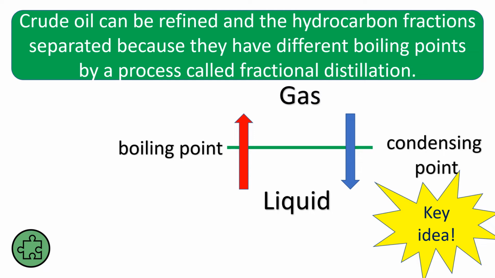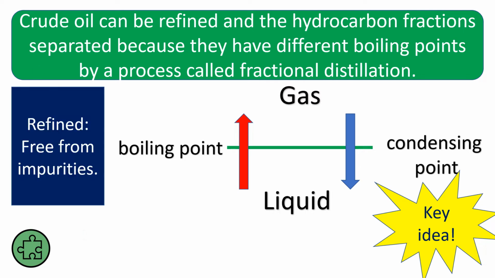But that same temperature, if I'm cooling it down, is where it becomes gas to liquid. And both of these are important. If you're talking about fractional distillation and you talk about evaporation or boiling without condensing, you're going to miss out marks. Okay, so in case you didn't know, refined means to be free from impurities.